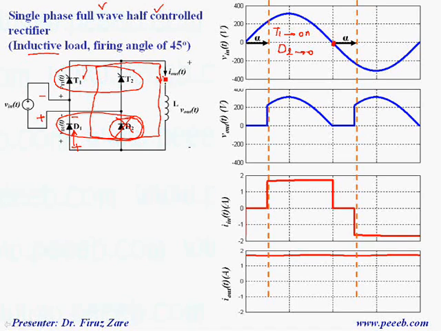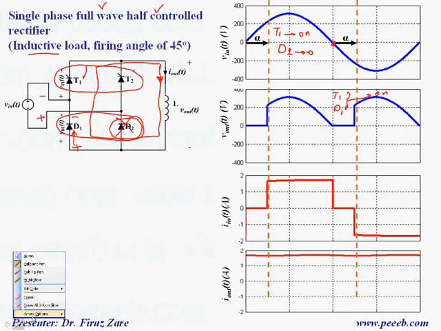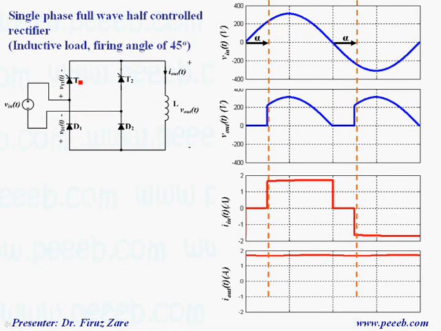So in this case we have T1 and D1 in on state, and if these two are on, that means the output voltage is 0 because there is a short circuit. So when we turn on D1 and T1, the output voltage is 0.